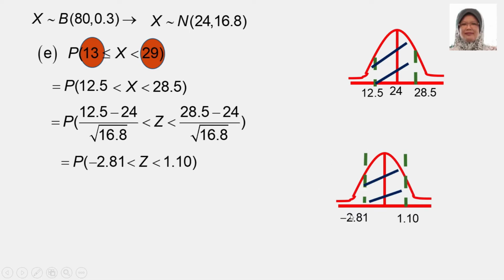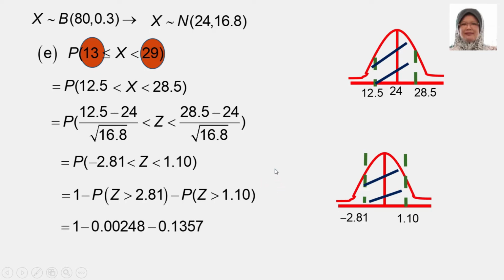From the graph we can take 1, the area for the whole graph, minus P(Z greater than 2.81) minus P(Z greater than 1.1). We read from the table and get 0.86182.